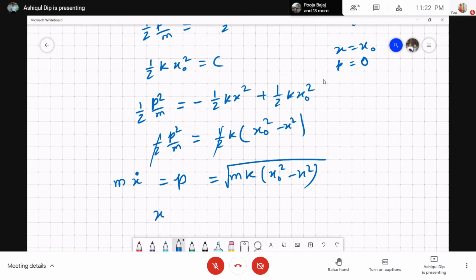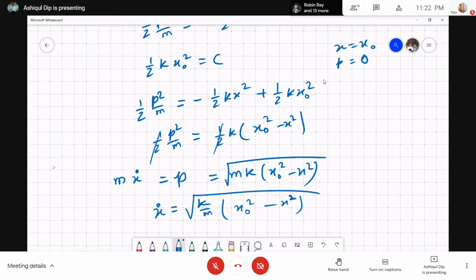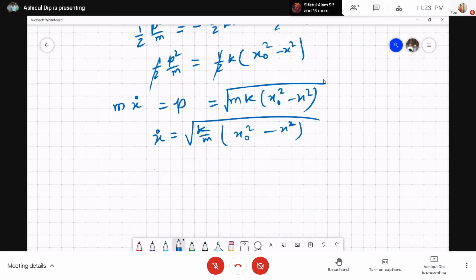So you get x dot equals the square root of k over m into x naught square minus x square. So dx over dt equals this thing, right? You can take dt on one side and this whole thing on the other side.